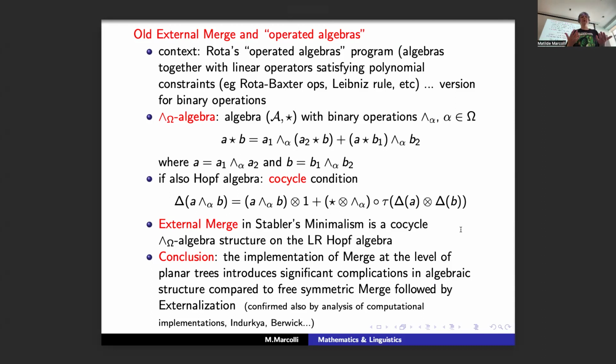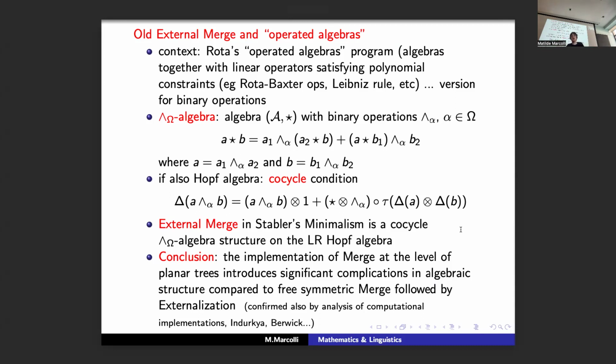So you have to think of what is this structure, this binary operation that involves two separate objects in the Hopf algebra at once. So it's not a linear map on the Hopf algebra itself, because you don't have those as elements of the basis of your Hopf algebra. So it's a kind of quadratic structure, a quadratic form on your Hopf algebra.